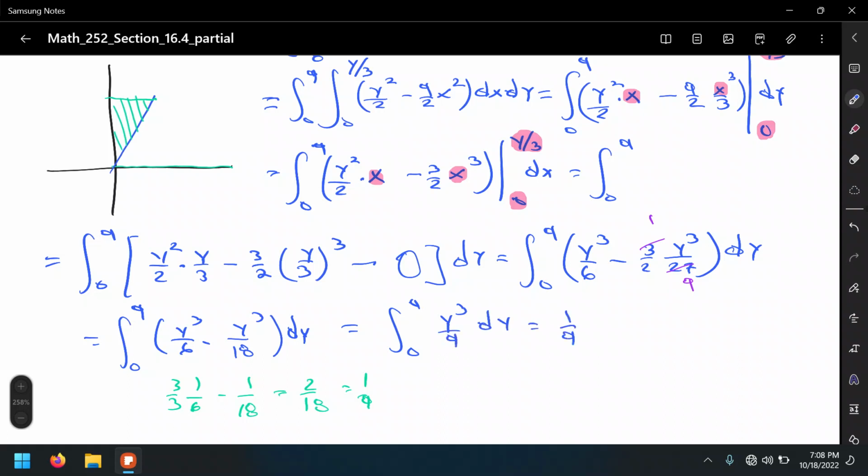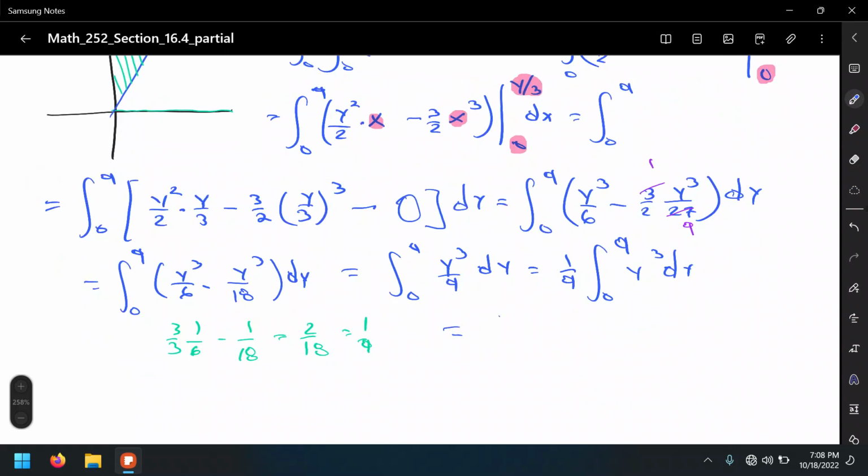We can take out the 1/9. And the integral of y cubed dy will be 1 over 9 times y to the 4th power over 4 from 0 to 9. But that's going to be y to the 4 over 36. And that goes from 0 to 9. All right.